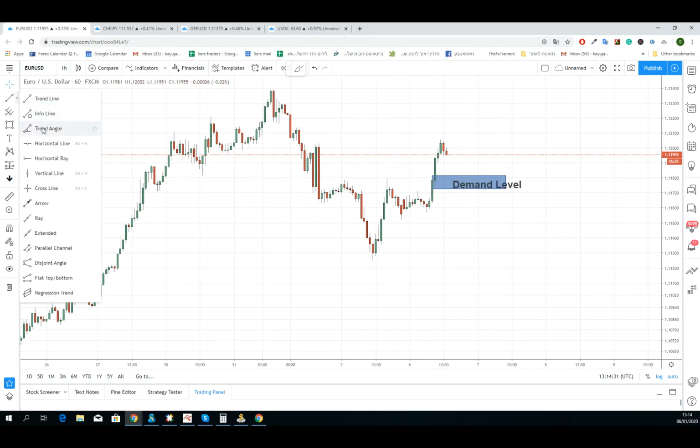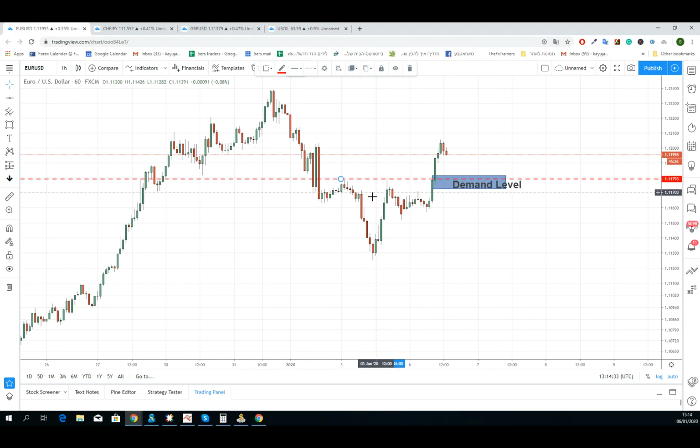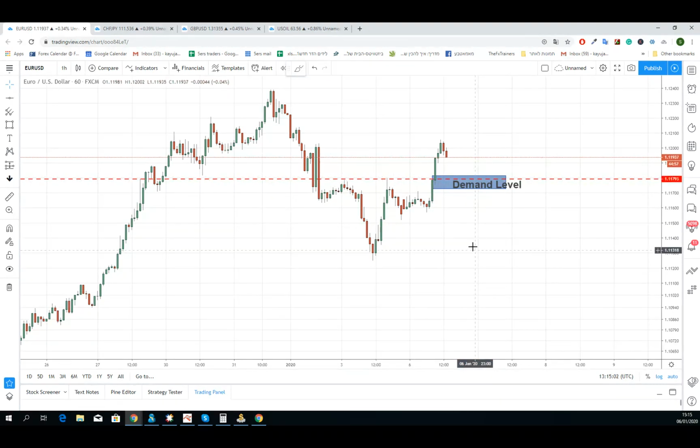And if I put a line here, which should be the neckline of this pattern, as you can see, the price broke out this neckline, and usually with a head and shoulders pattern, after the price breaks out the neckline, it comes back to check this level, and then reacts again. So as we can see, this neckline is also exactly where we put the demand level here.